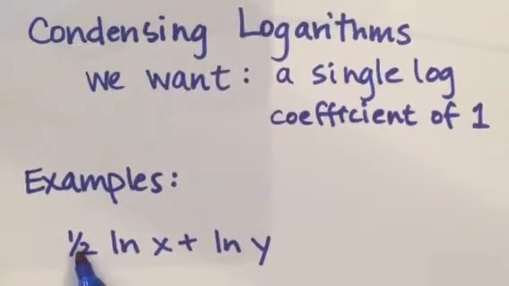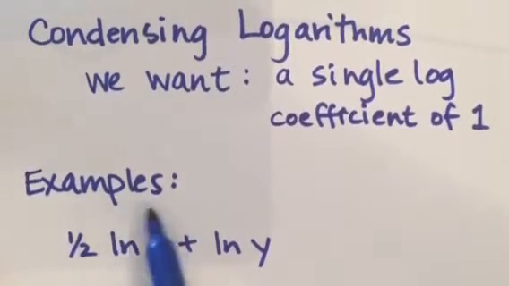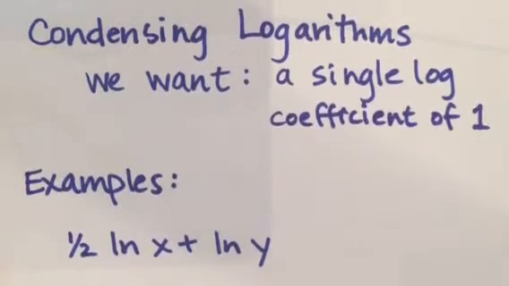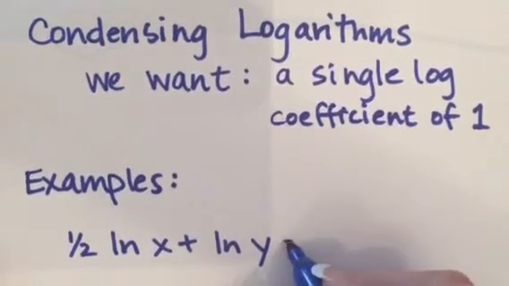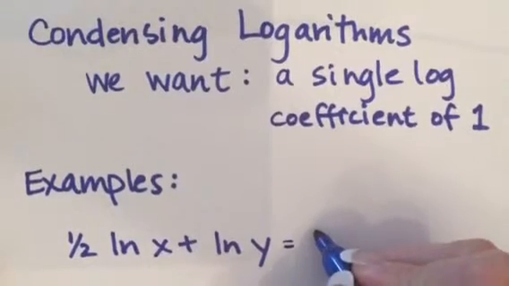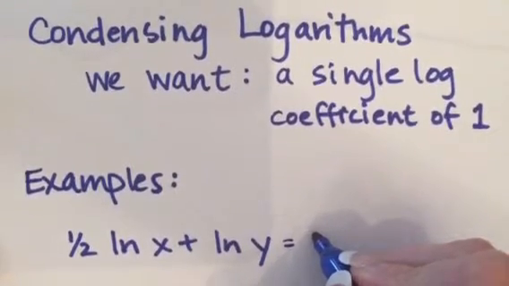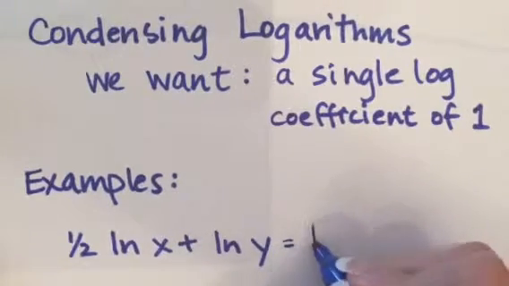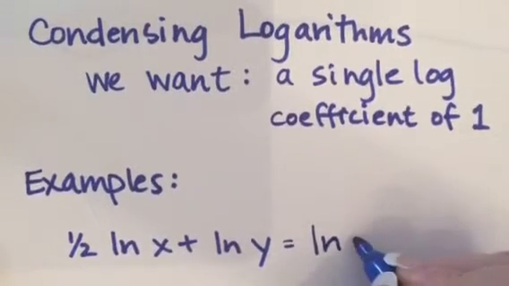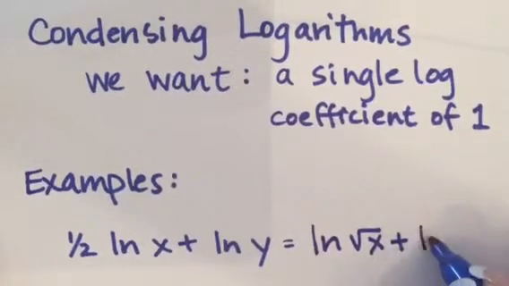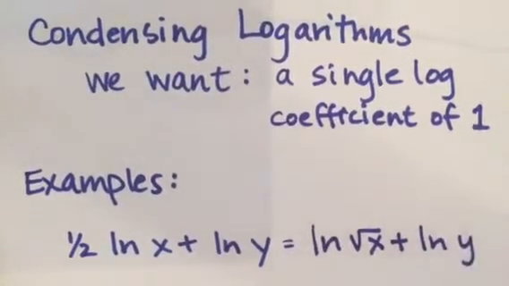So recall that I can take this coefficient of 1/2 and shift it and write it as a power of x, and since x to the 1/2 power is commonly written in a different way, I'm going to write it in that way. X to the 1/2 power is equivalent to the square root of x. So this expression here is equal to ln of the square root of x plus ln of y.